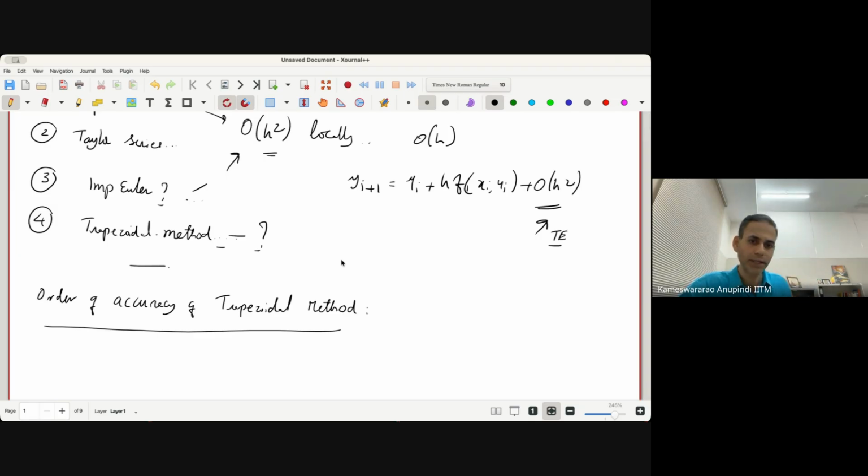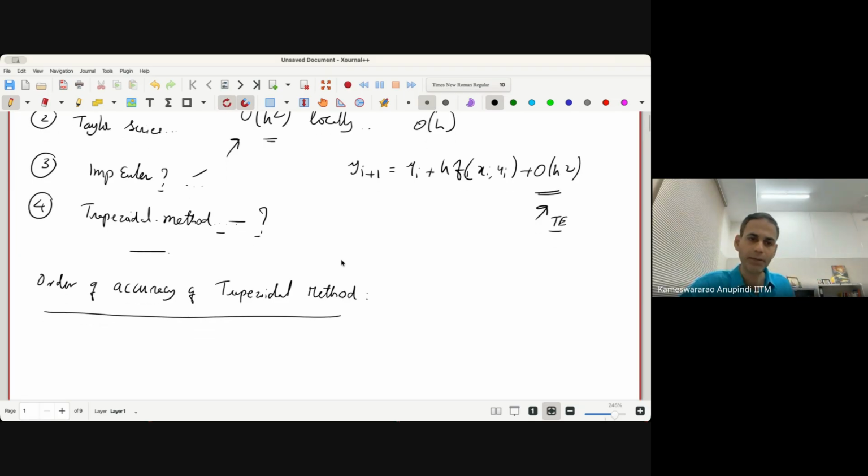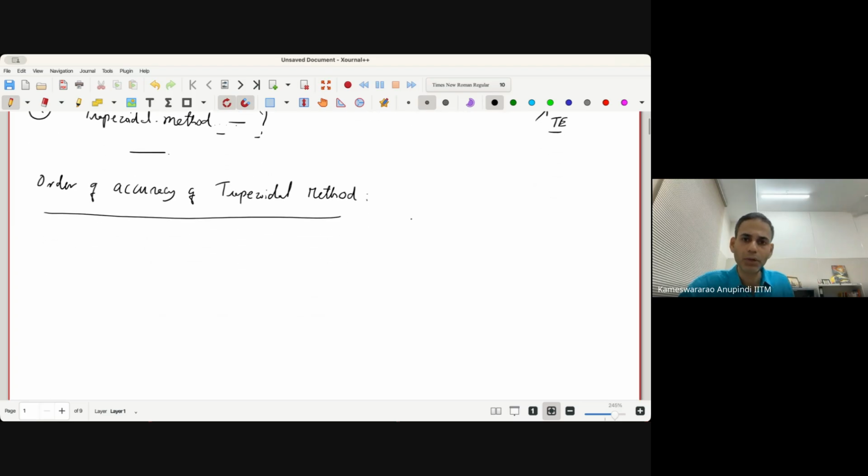Followed by that, we will look at the stability analysis for each of these methods: explicit Euler, implicit Euler, trapezoidal, and so on. So we are trying to calculate for some function, let us say we have f of x_i. This is x_i, and this is x_{i+1}.